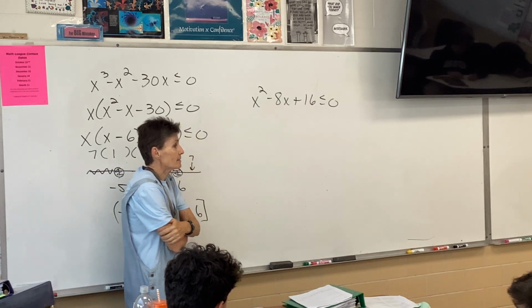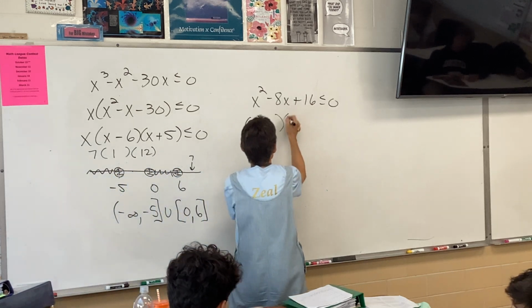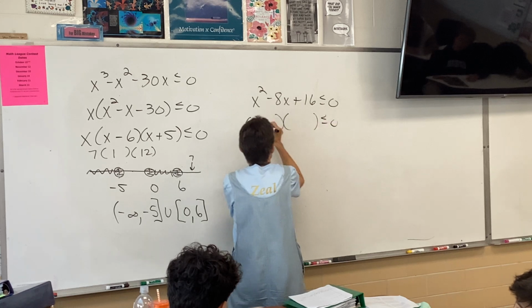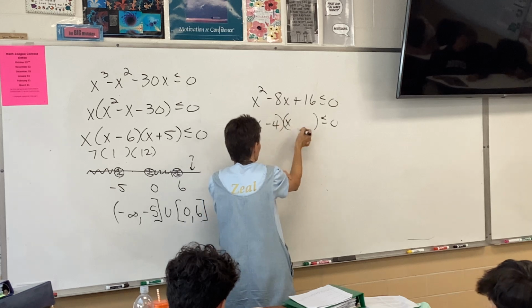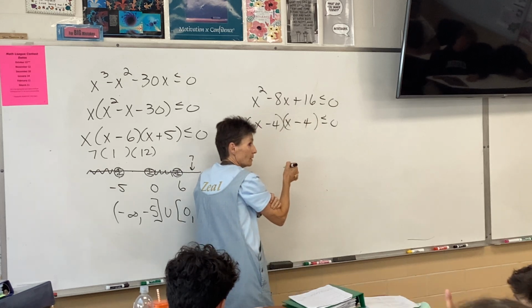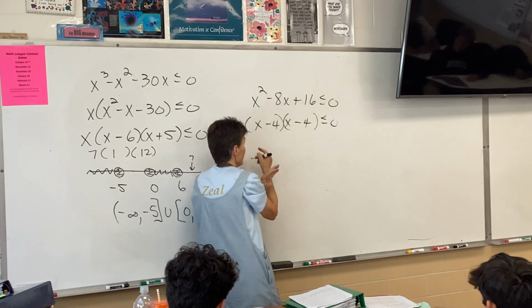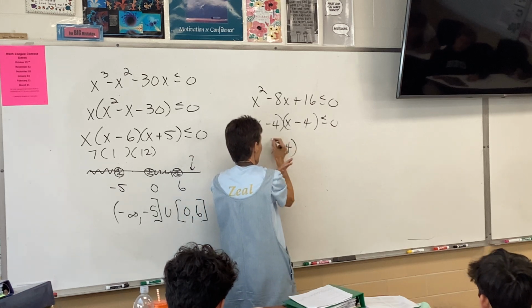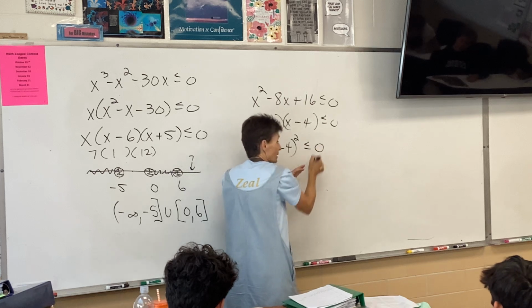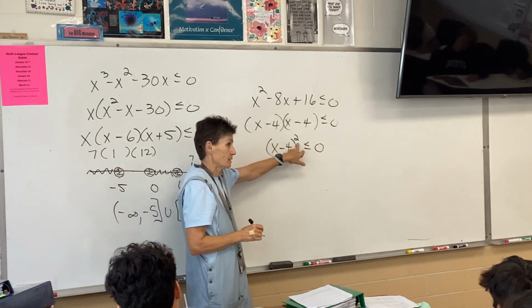All right, so factor it. X minus 4. Okay, now wait a second. I don't care whether you write it this way or not, but would you agree that's the same as this? Okay, this is when we have problems.